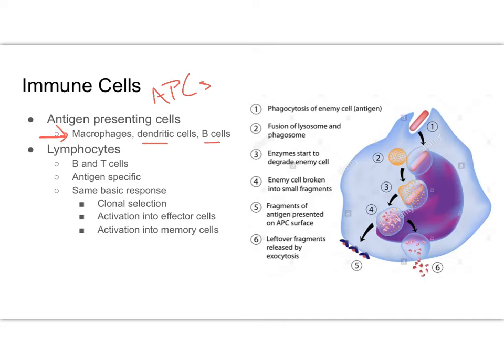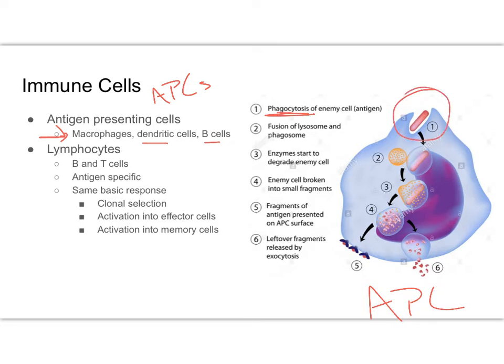If you look at the image over here on the right, that is walking you through that process. This is an APC over here on the right. It could be a macrophage, a dendritic cell, or a B cell. The first thing that needs to happen is phagocytosis of the antigen, of the foreign enemy cell.